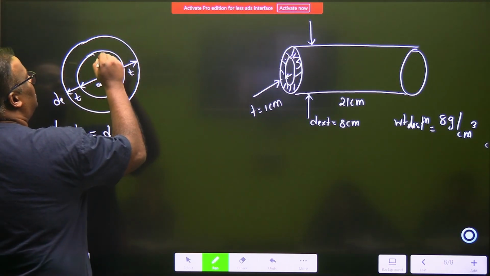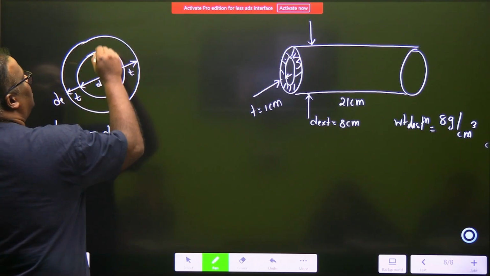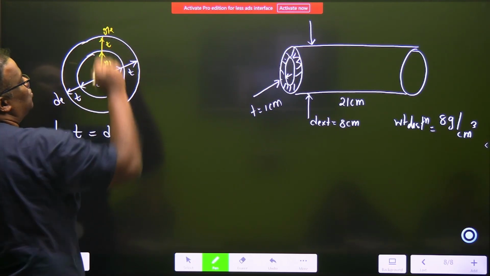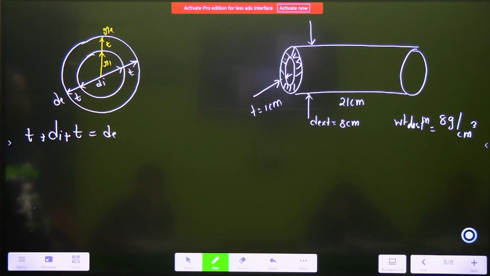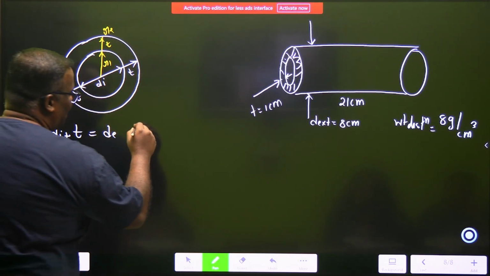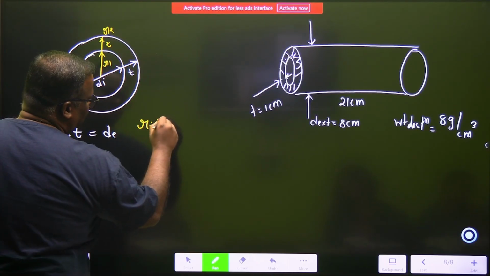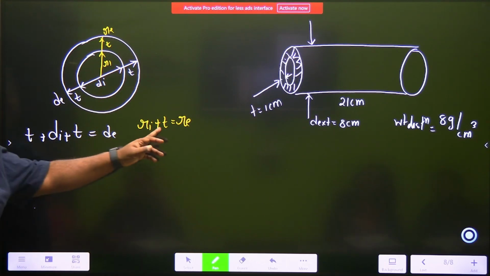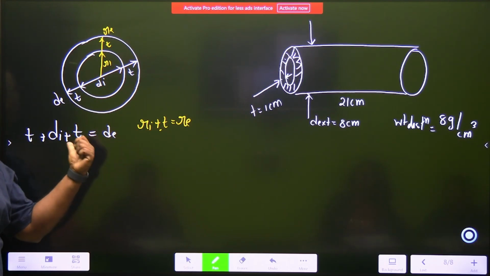This is the inner radius and this is the external radius. Thickness comes only once. Our job is to deal with radius, end of the day. So the internal radius plus a thickness gives you the external radius. If you deal with radius, thickness will come once. If you deal with diameter, thickness will come twice.